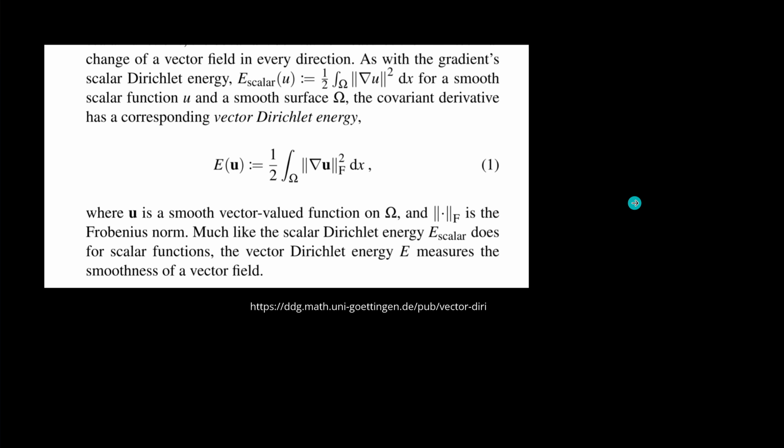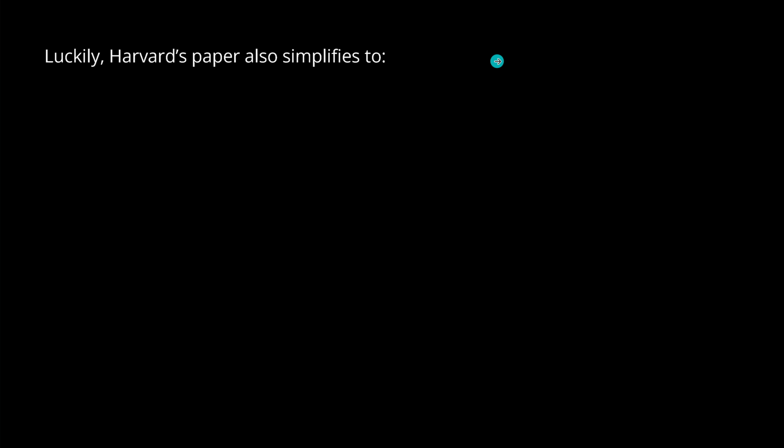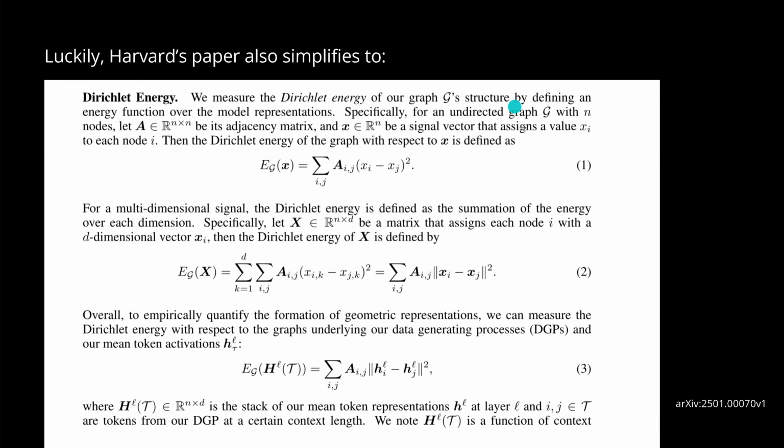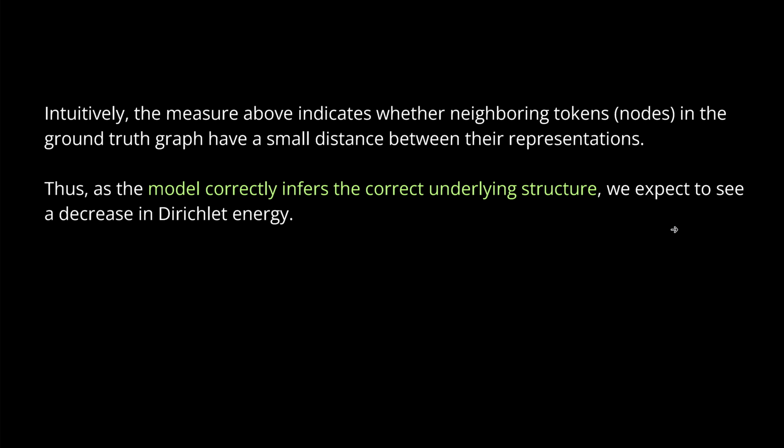If you want to see this in further detail, as I told you, great. But luckily, Harvard in its paper also simplified this to this representation. So if you just want to focus on the Dirichlet energy, equations 1, 2, and 3 of the Harvard publication are a simple entry into this topic. So Harvard now tells us, okay, great.